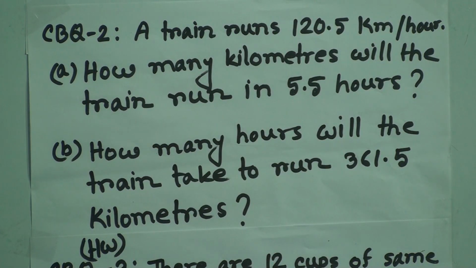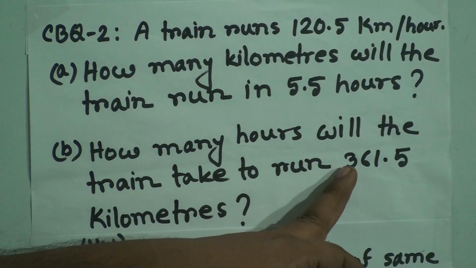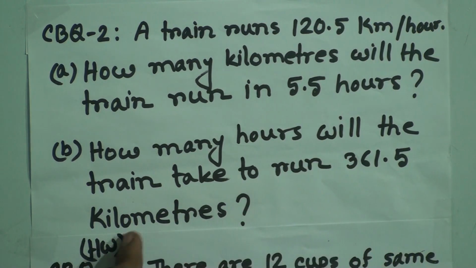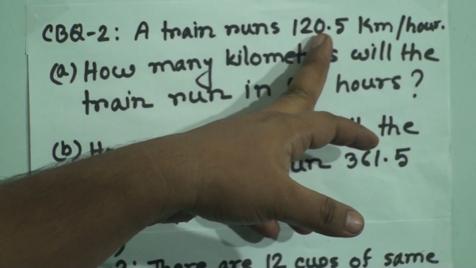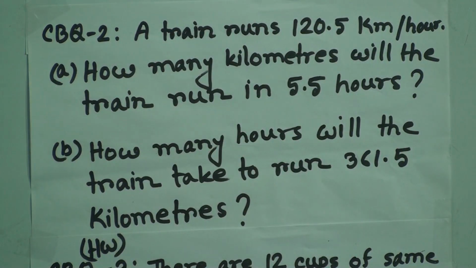That means to move 361.5 kilometers, a train needs how many hours? We divide 361.5 by 120.5, then we get the required time. I hope you have understood.